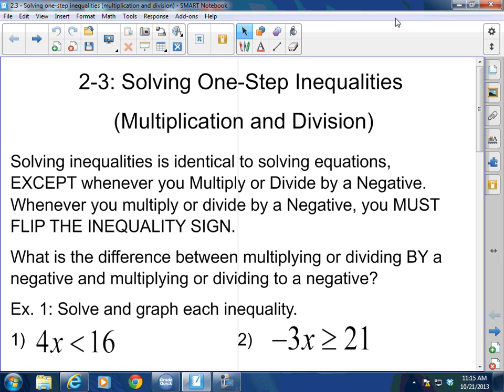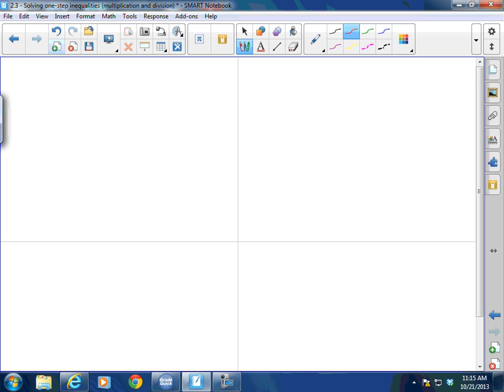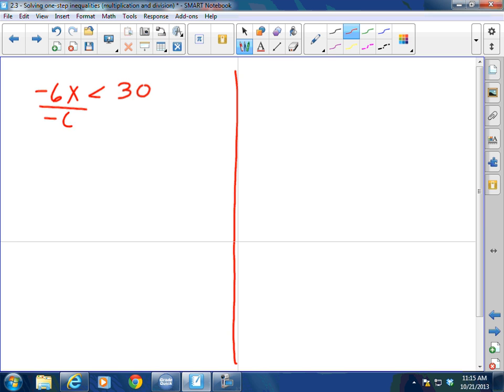Just in case you forgot, let's review the difference between multiplying by a negative and to a negative. If I have negative 6x is less than 30, to solve for x I have to divide by a negative. Since I divided by a negative, I'm going to flip my inequality.